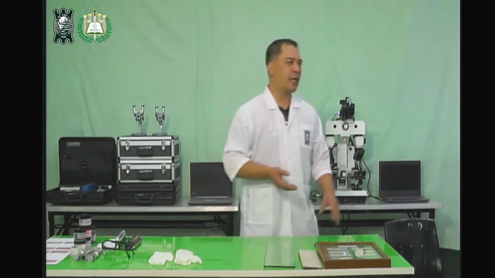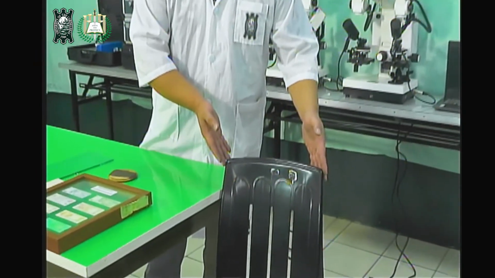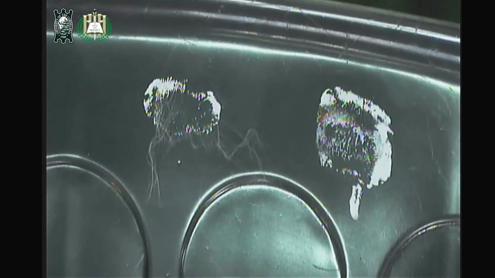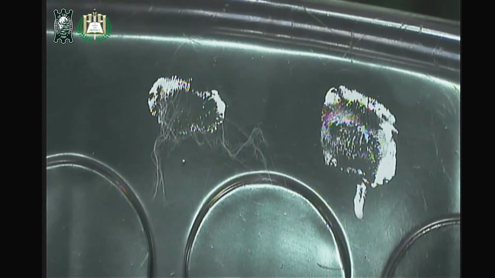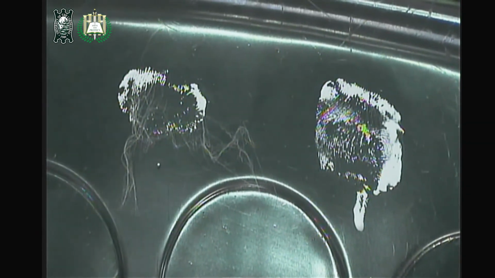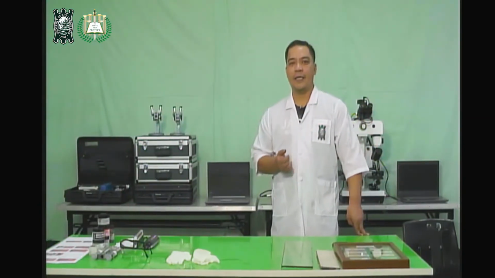In this illustration, we have a chair that was touched by the hand of a person whose hand was initially smeared with paint. And these are basically the types of crime scene fingerprint that could be found at the crime scene.